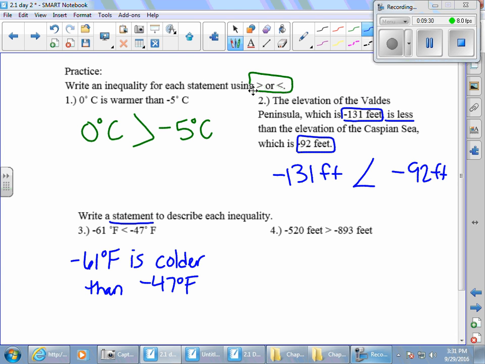Okay, number 4, we're talking about elevation and how deep something is. So we have negative 520 feet, and we have negative 893. So this is not as deep as, it's higher, is higher than negative 893 feet.